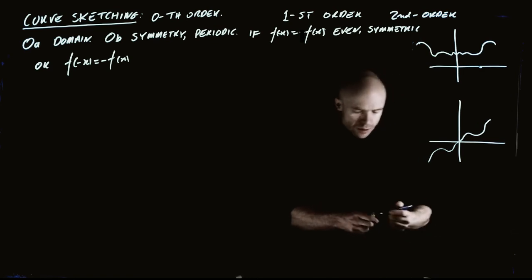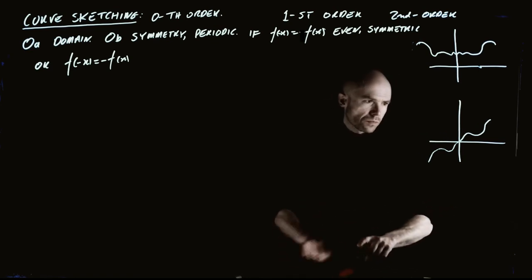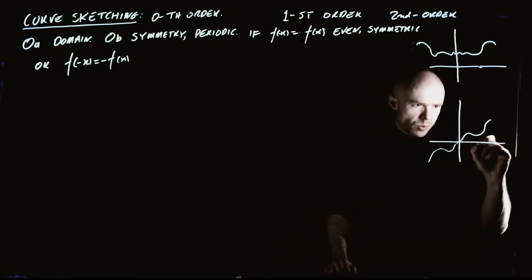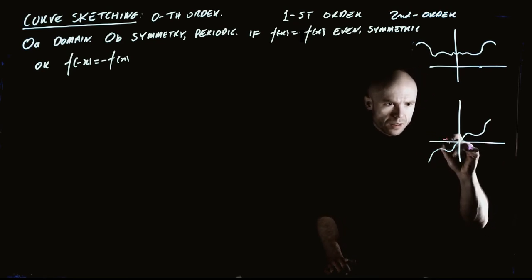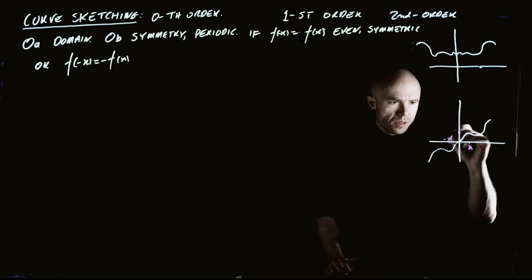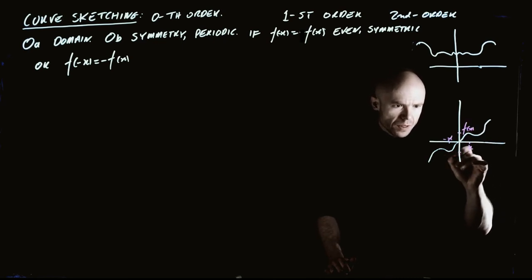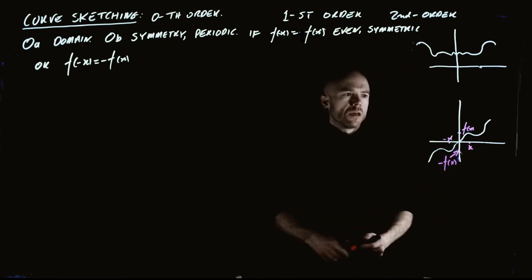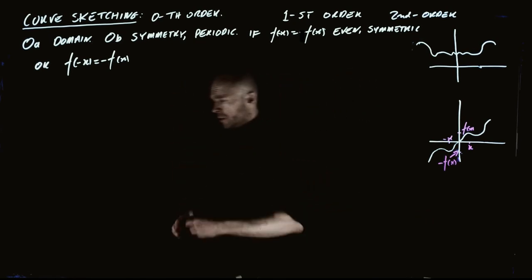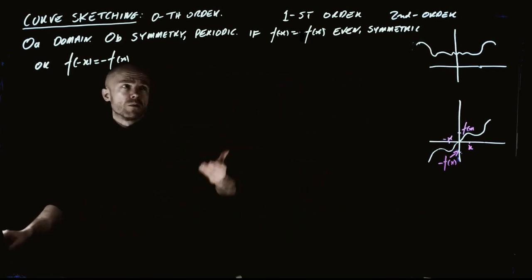So for every x, suppose we have an x like this guy here. Then if we go to minus x, then this value here, f of x, instead we find it here, minus f of x right here. Okay, so if we have this property, then again we only have to worry about one side.